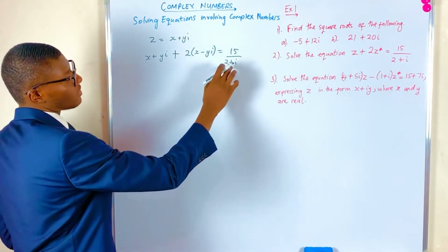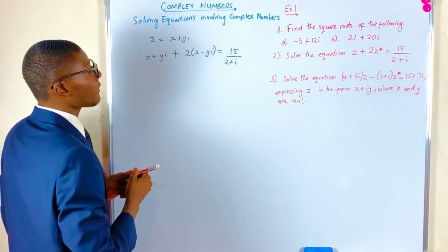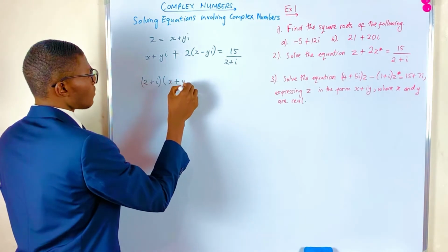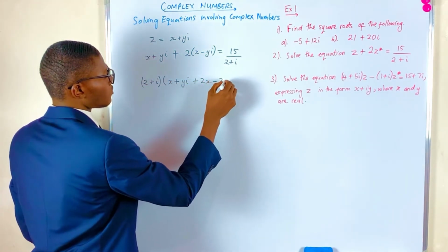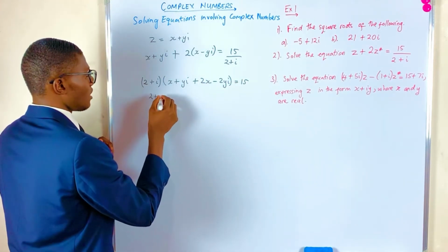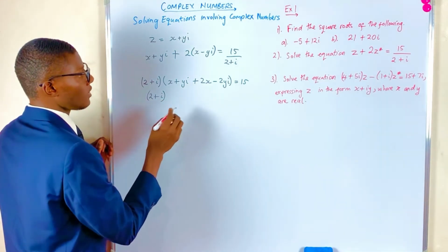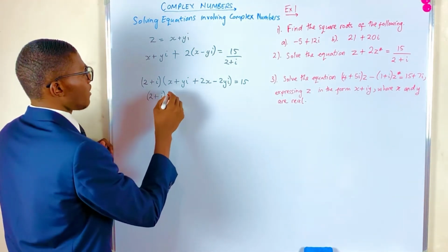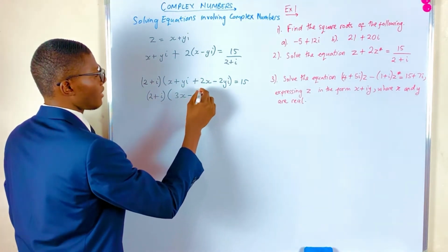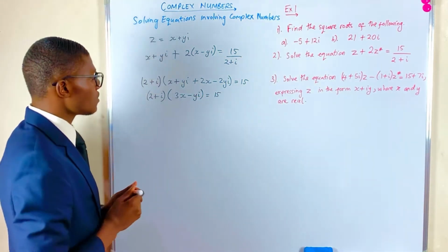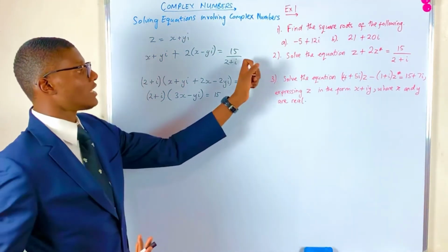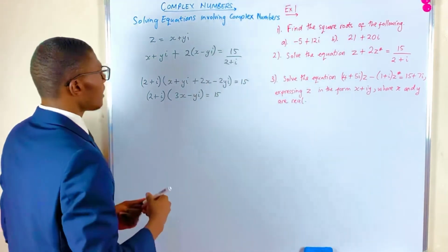Then of course, if we multiply both sides by 2 plus i, we're saying that 2 plus i multiplied by (x plus yi plus 2x minus 2yi) gives us 15. So we get 3x minus yi times (2 plus i) equals 15. We could multiply throughout, but it is also convenient to carry out this division by multiplying.